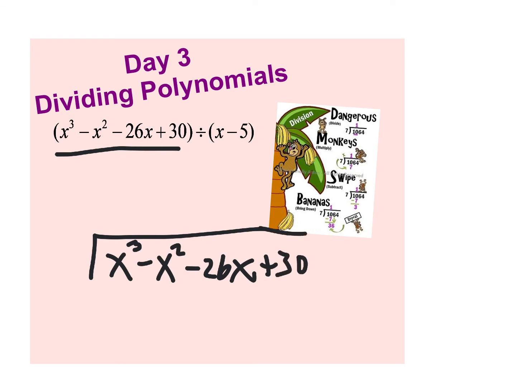And that's like a den. The other reason I like to call it a den is this part is called the dividend. It goes in the den. And the x minus 5 goes out here, and that's called the divisor. I like to think of it as the divider. That's the thing that's dividing the other stuff.